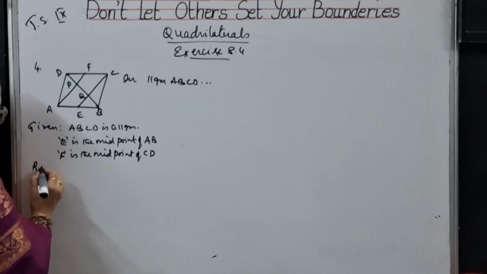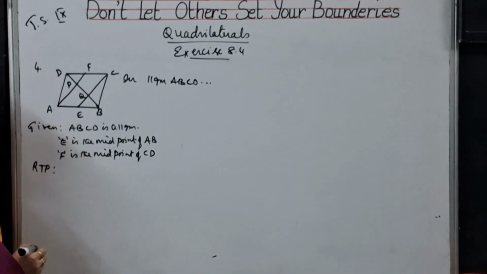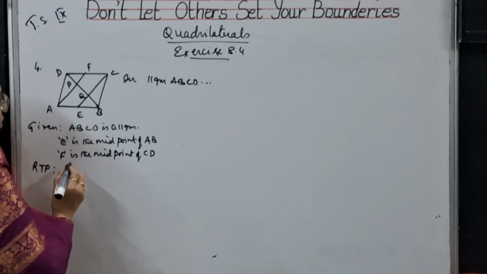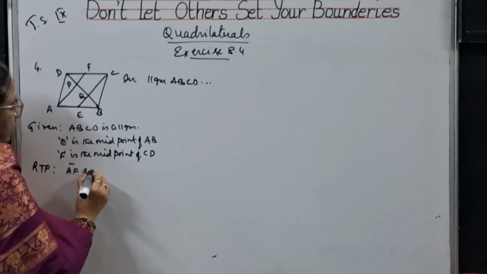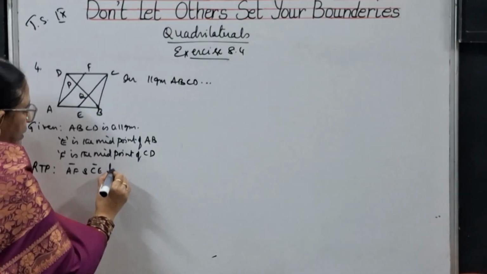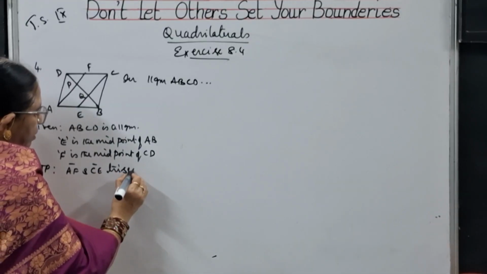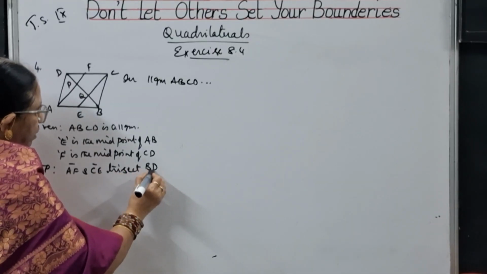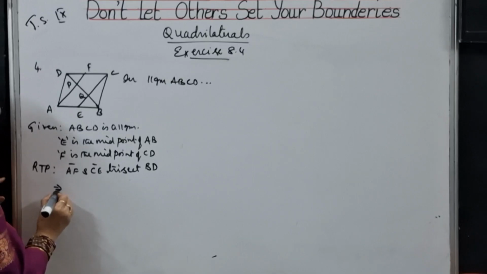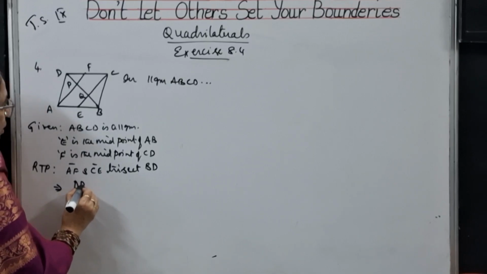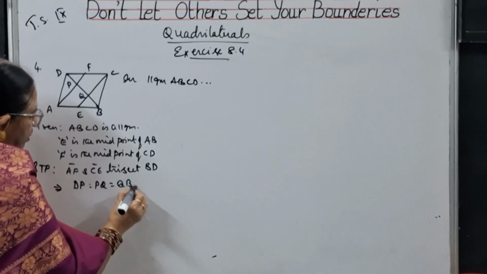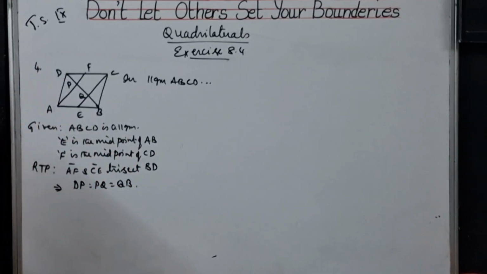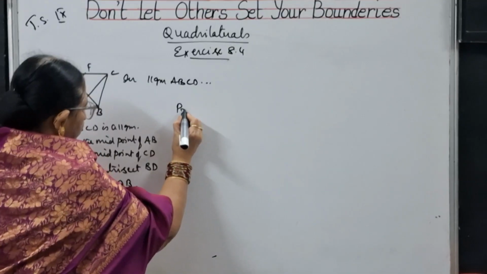And what is RTP? RTP is AF and CE trisect BD. What does this mean? This implies DP is equal to PQ is equal to QB. This is what we need to prove. Now, let us go to the proof.